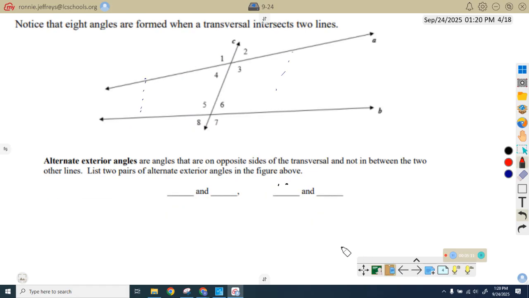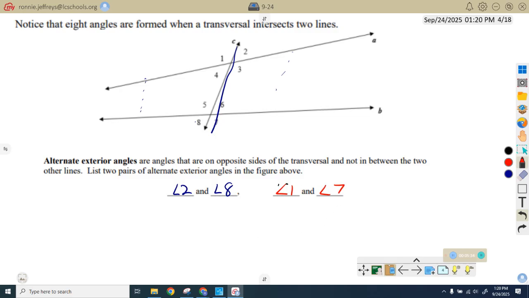Now, alternate exterior. Here's our transversal. Alternate means opposite sides. Exterior means kind of out of the box. So, angle 2, angle 8, angle 1, and angle 7.